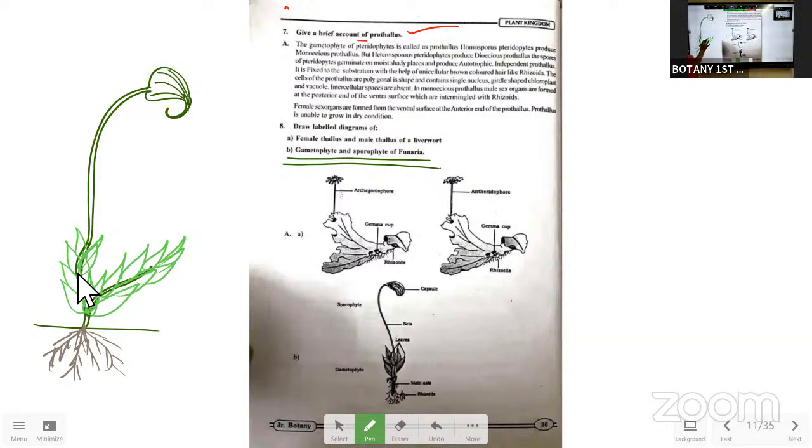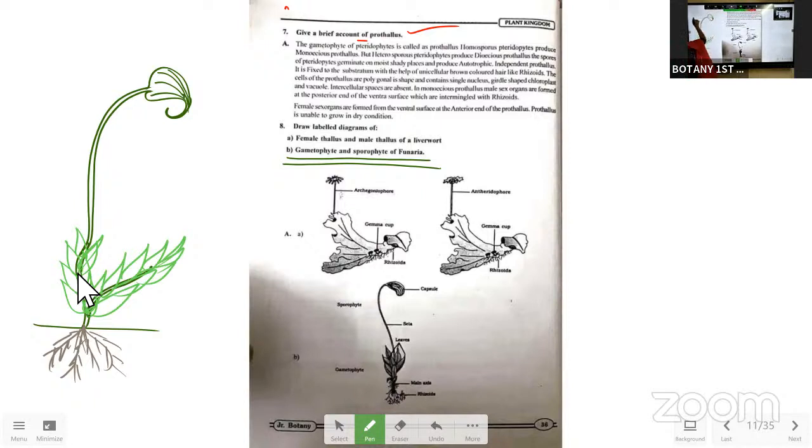Xylem and phloem are not seen. So the leaves are called phyllodes. It's not a leaf; they are leaf-like structures, phyllodes.